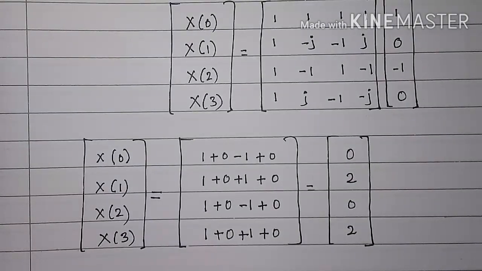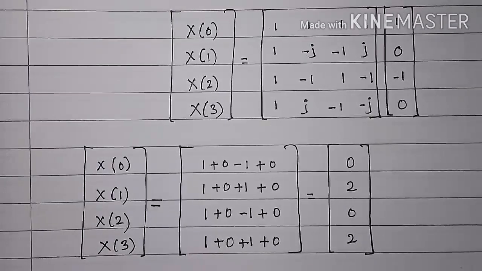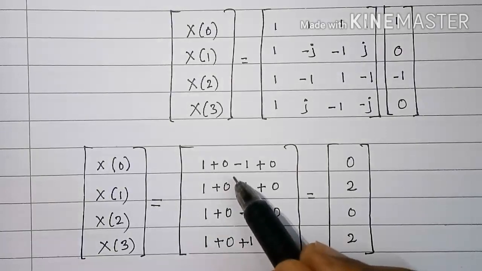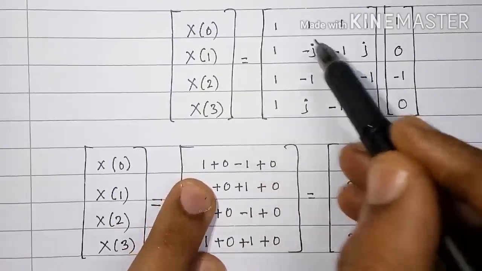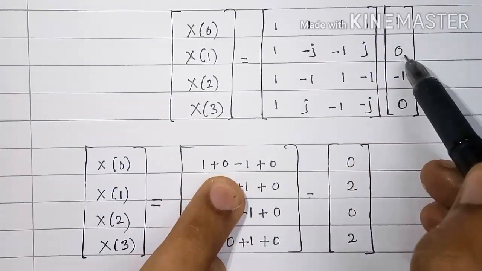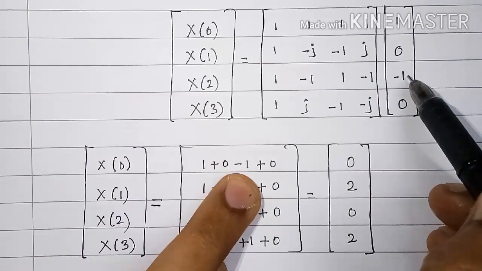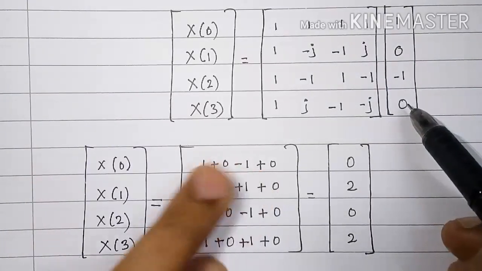I hope you all know how to multiply two matrices. So the matrix multiplied values are written here. 1 into 1 is 1, 1 into 0 is 0, 1 into minus 1 is minus 1, 1 into 0 is 0.